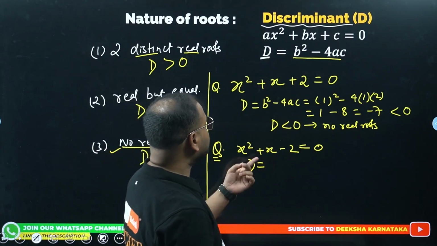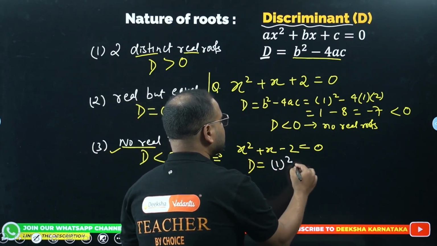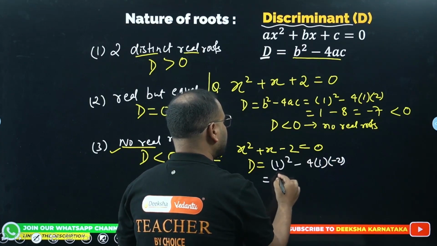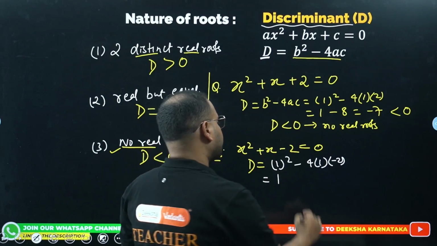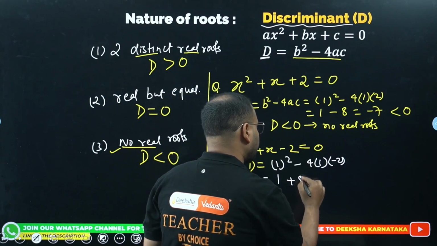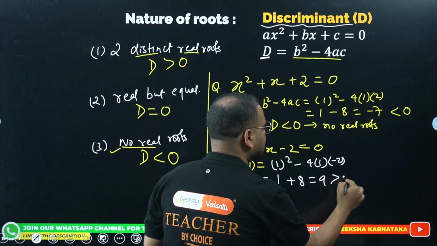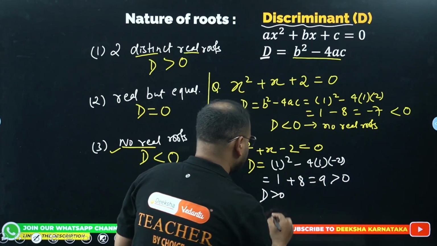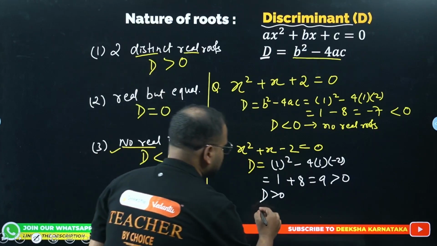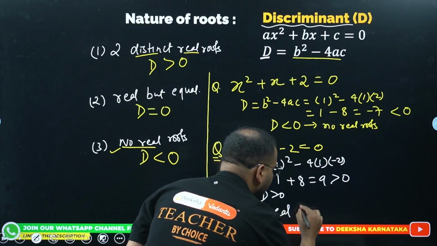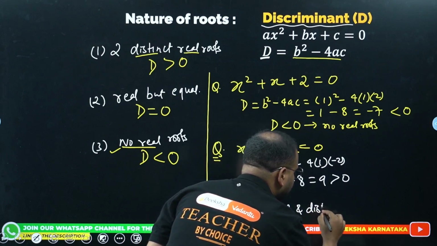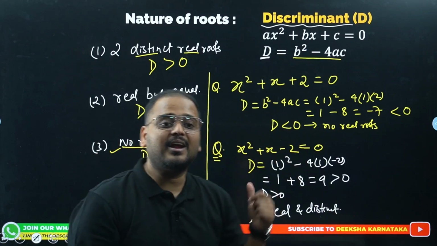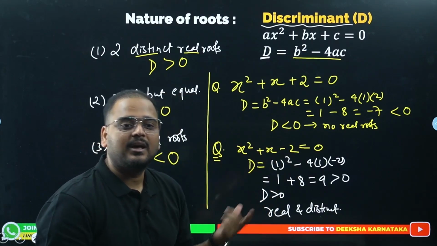B square is 1 square minus 4 times A, which is 1, times C, which is minus 2. I get 1 plus 8, which is 9. 9 is greater than 0. It means D is greater than 0. So what is the condition now? Real and distinct. I hope I'm clear. Real and distinct roots are there for this equation.